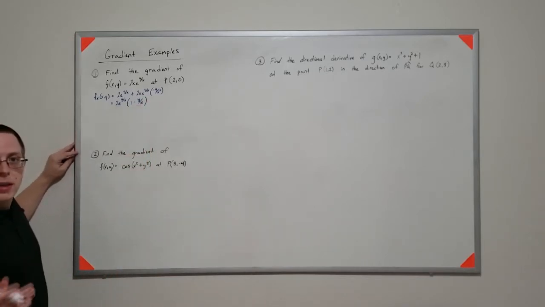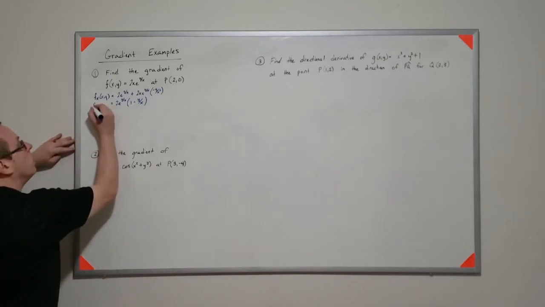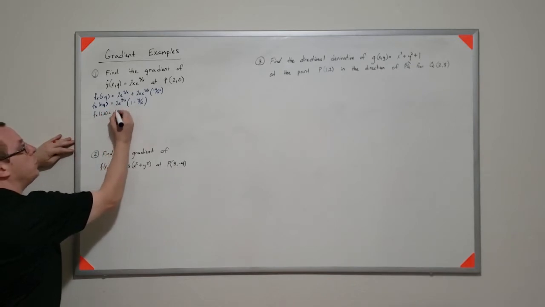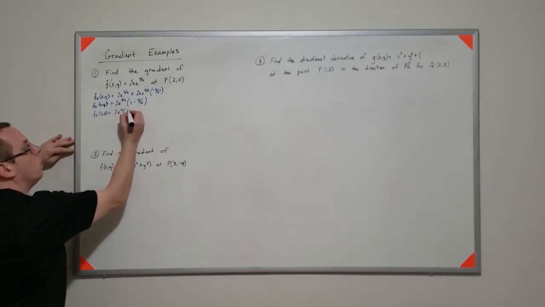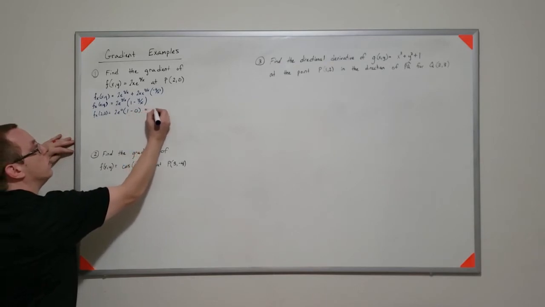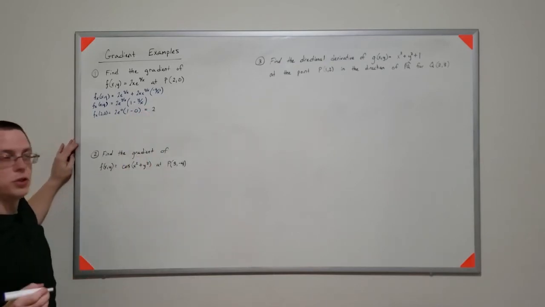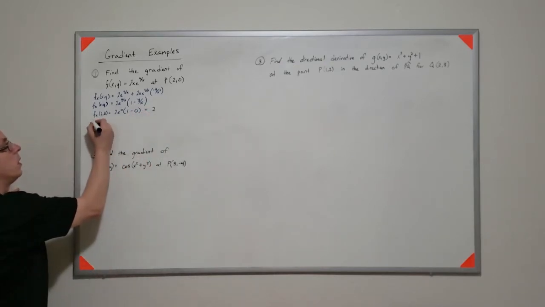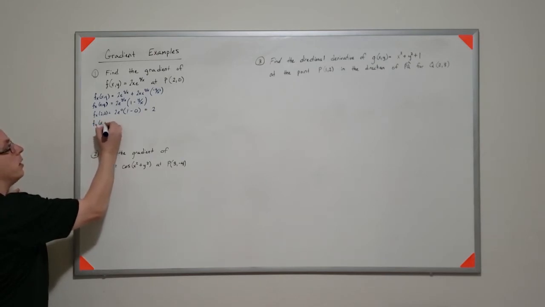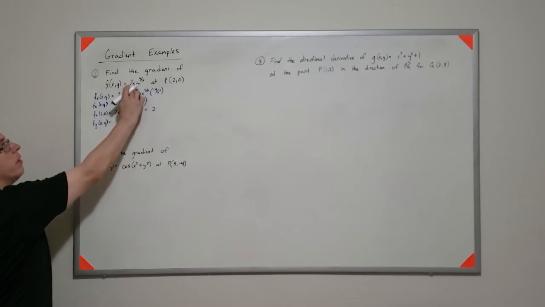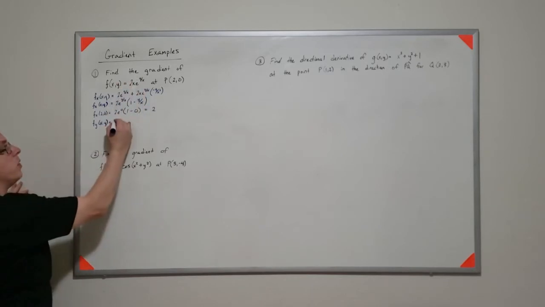So then when we take the value at 2, 0, well, you have 2e to the 0 times 1 minus 0. So you just end up having 2, which is kind of nice. And if we take the partial with respect to y, well, everything else is constant except for that e function. So we have 2x e to the y over x.